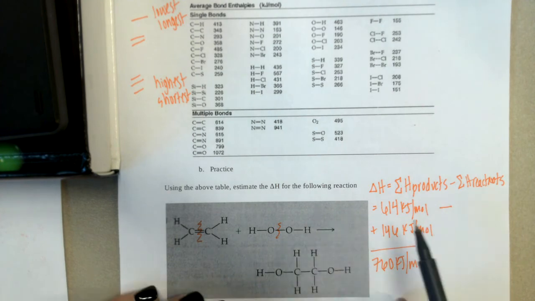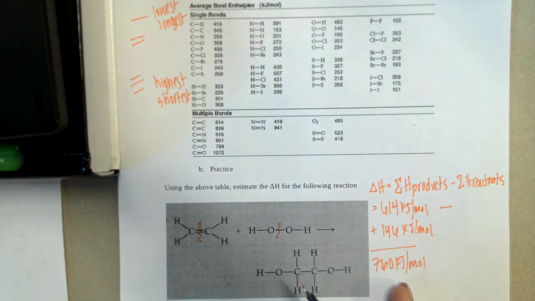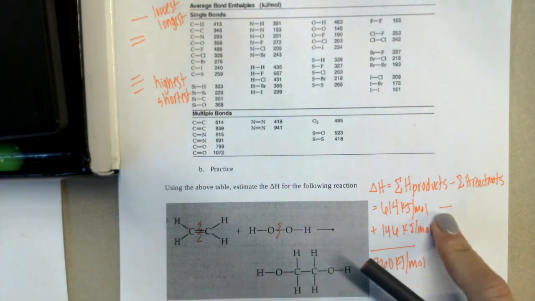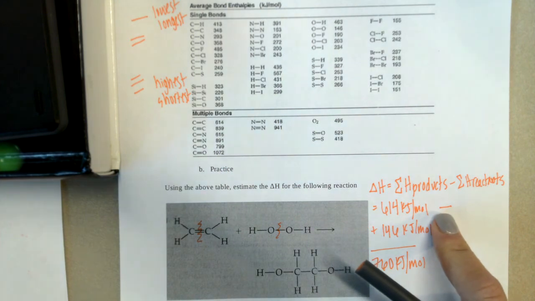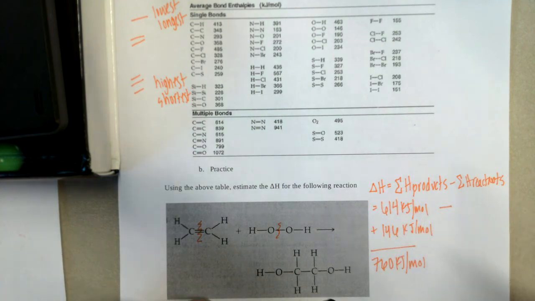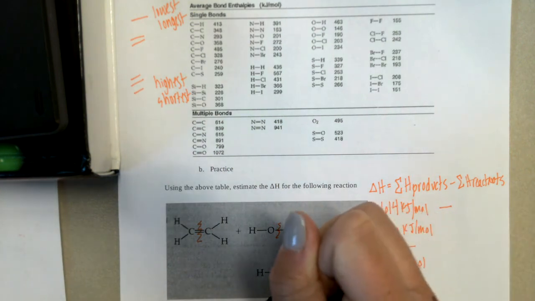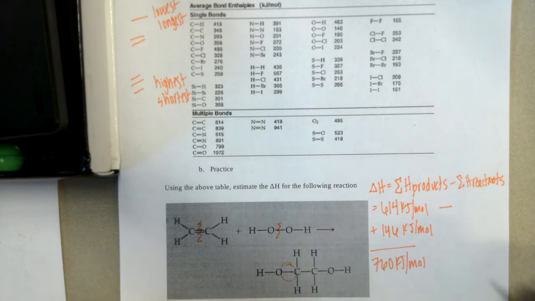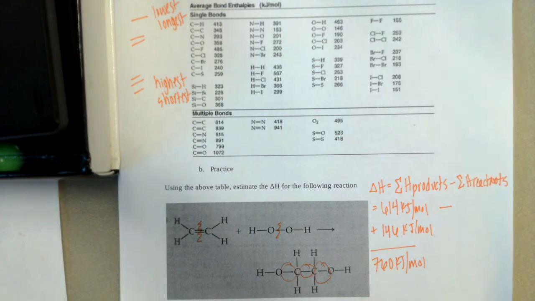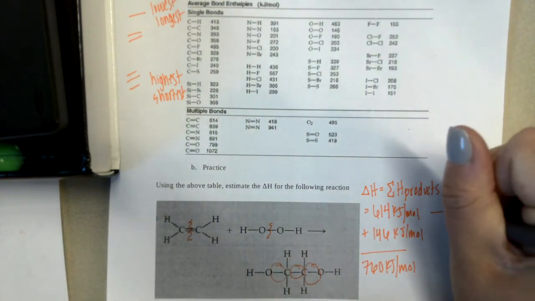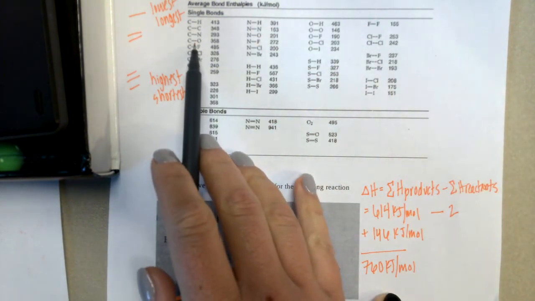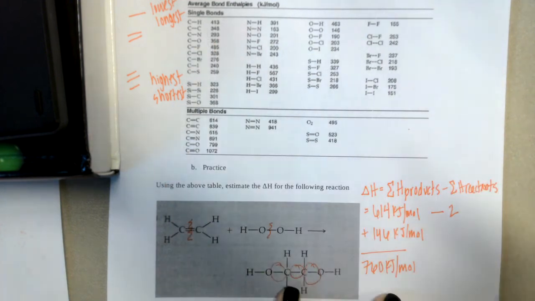Okay, and then I'm going to subtract whatever is being formed. Because you have to remember, in order to break a bond, you have to put energy into it. So that's why this is positive. The reason why we're subtracting the products is because when we create bonds, we are actually releasing energy. So that's why we're subtracting it. Okay. So we'll come down here. So I'm making an oxygen-carbon bond here, another one here, and then a carbon-carbon single bond here. So I have 2 oxygen-carbon bonds. So I'm going to come up here. Oxygen-carbon bond is 358.